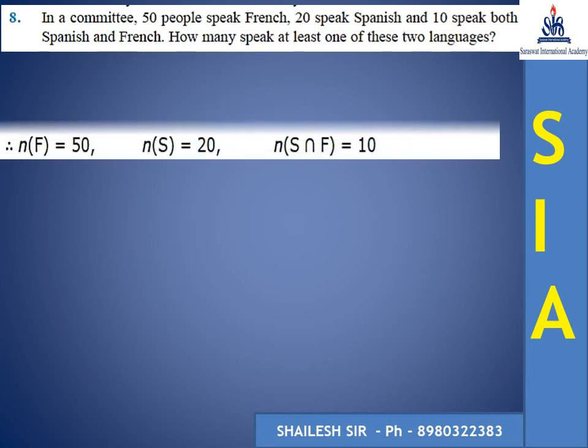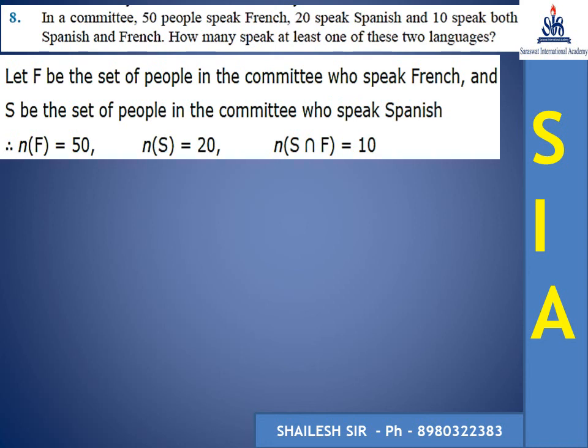Now, the eighth one. In a committee, 50 people speak French, 20 speak Spanish, and 10 speak both Spanish and French. So very easy. Consider French as capital F, and Spanish as S, for the committee people speaking Spanish. So N of F is 50, N of S is 20, and the people speaking both Spanish and French is 10 given. So N of S intersection F is 10.